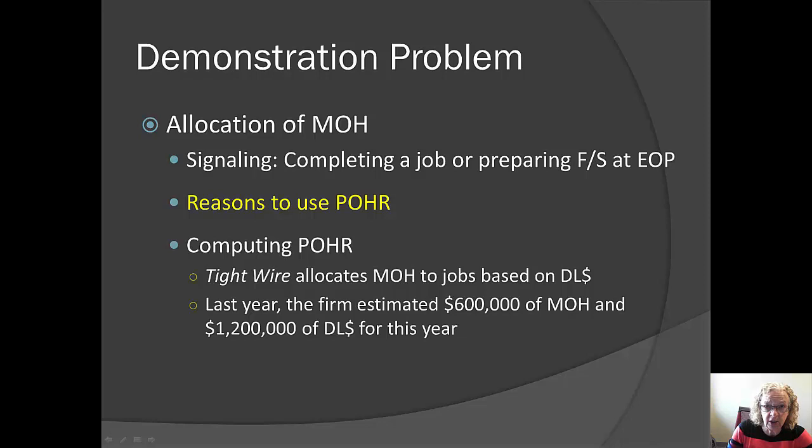Using a predetermined overhead rate spreads costs out over all of the jobs that we do and actually gives us a better understanding of job costs.